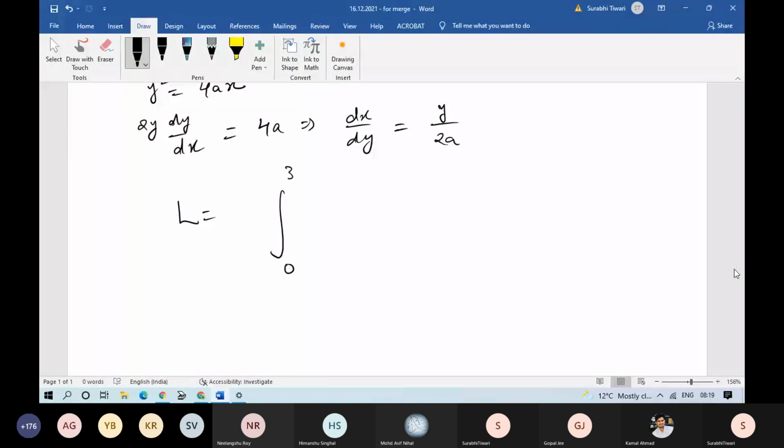So from 0 to 3a by 2, under root of 1 plus y square upon 4a square. It was dx by dy whole square, right? Yes, ma'am. This will be y upon 2a whole square. Now you can calculate this integral.